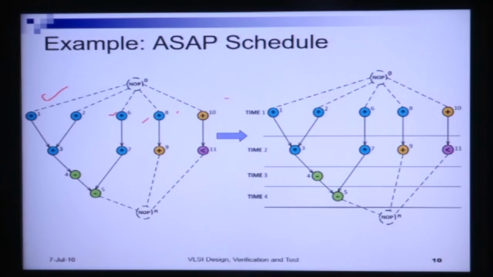After these have been scheduled, 3 becomes ready, 7 becomes ready, 9 becomes ready, 11 becomes ready, and they are all scheduled in step 2. After 3 has been scheduled, 4 can be scheduled. So 4 is executed in time step 3, and 5 can be scheduled after 4 has been scheduled. So 5 has been scheduled in time step 4.